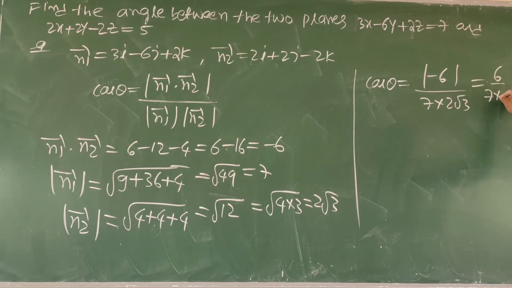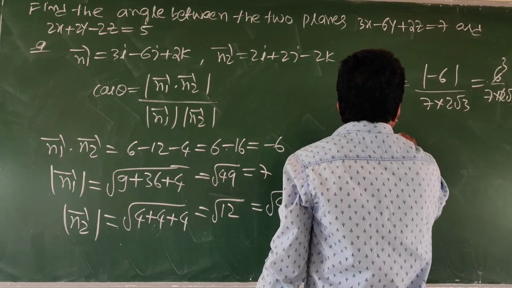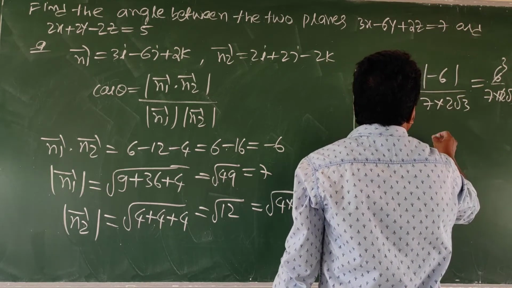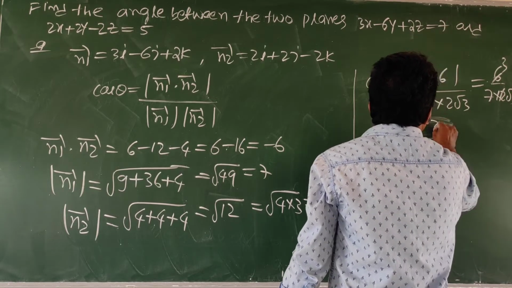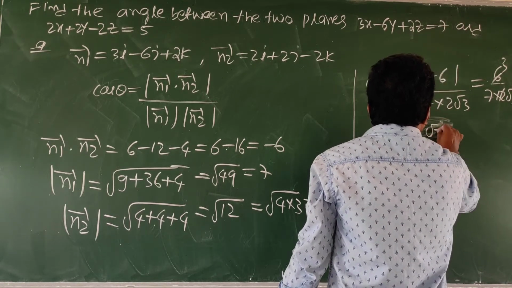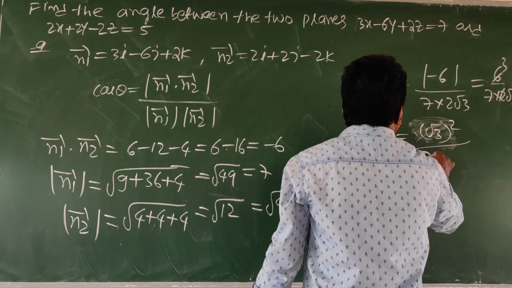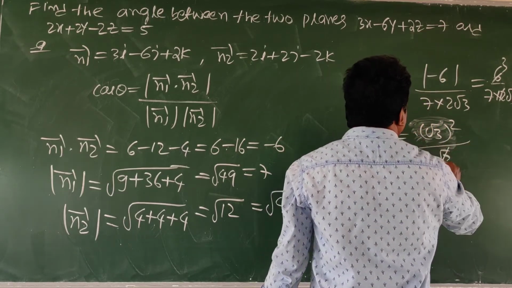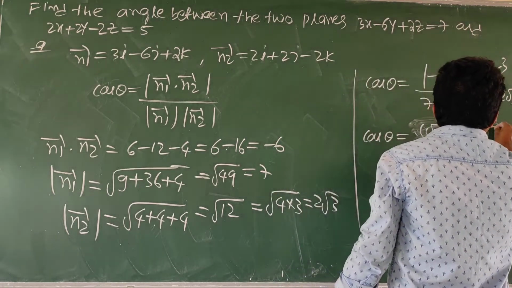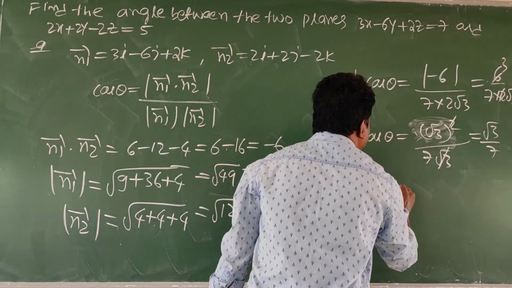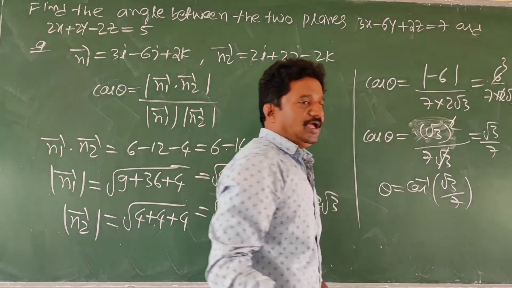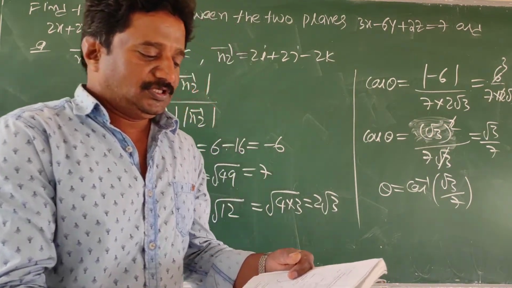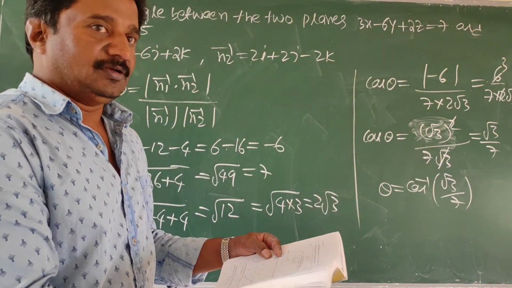Write the 3 as root 3 whole square: 3 by root 3 whole square by 7 root 3. One root 3 cancels, so it is root 3 by 7. Theta is equal to cos inverse root 3 by 7. I hope you understood.